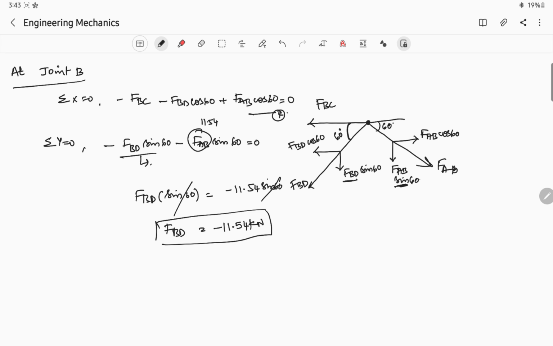Now, if we know the force in member BD, substitute BD and AB in equation number 4, and you'll get the value of force in member BC.